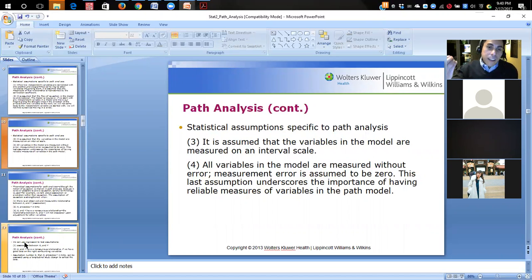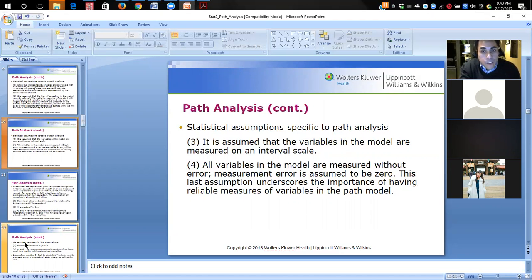So there's that, just like my scale, I developed my scale 100% from theory, and it's the best tool to measure the construct.